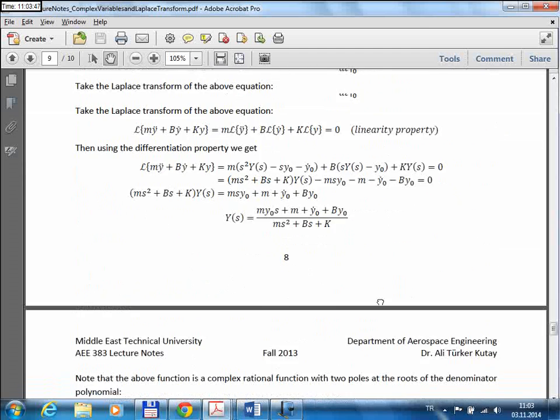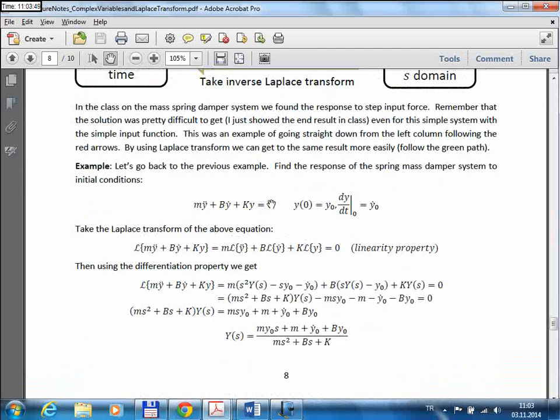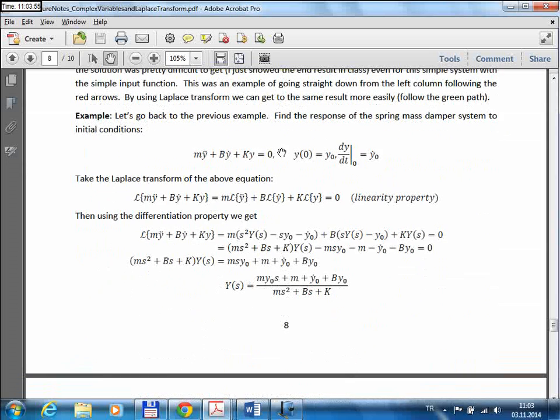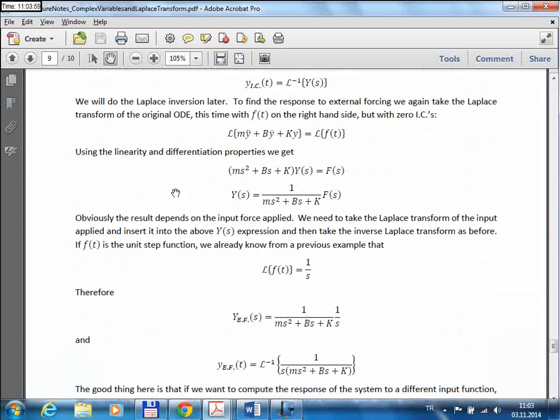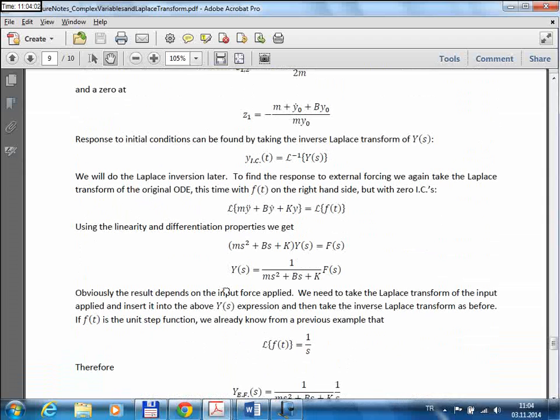Next, in this example, we looked at how to calculate the response to external input applied. So for that, we need to put a signal on the right-hand side. So that is the next thing we do. This time we assume that there is an input signal applied to the system.